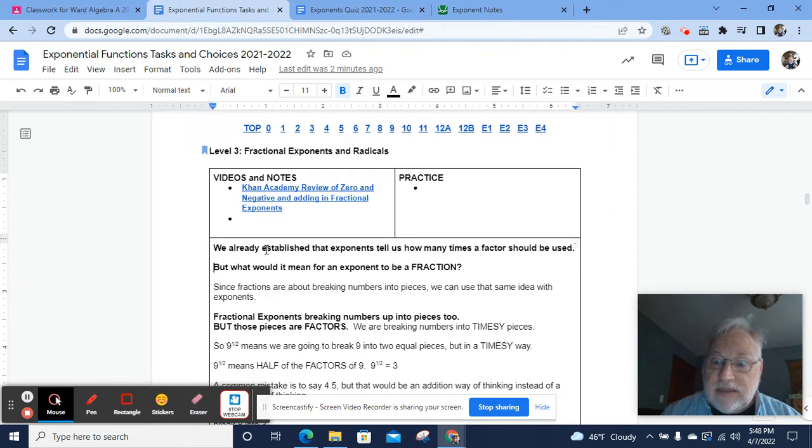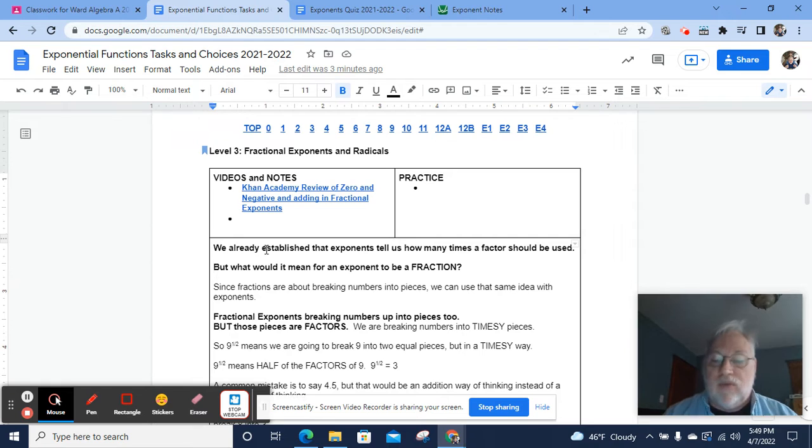But remember, exponents are timesy way of thinking. So we're not going to take a number and split it in half like if we took 9 and split it in half in an addition sort of way, we'd split it into 4.5 and 4.5. In a timesy sort of way, we're going to break 9 into two equal factors of 3.